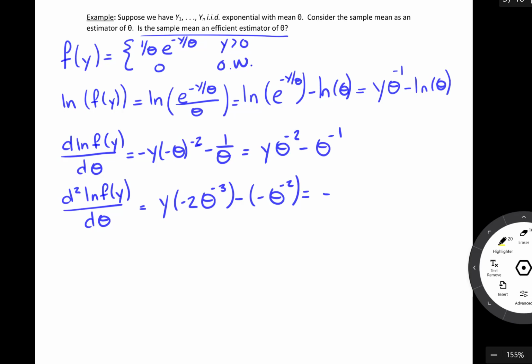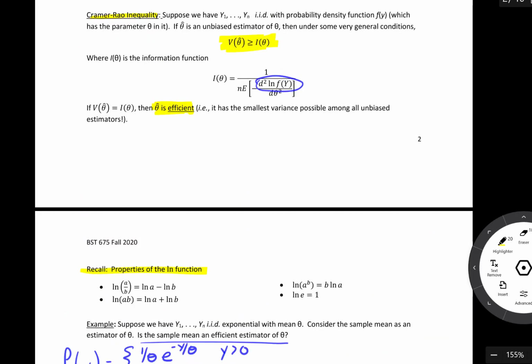And then notice this is equal to the following. Okay, so we found the natural log of f of y, we found the first derivative, and we found the second derivative. So now let's go back up to our information function.